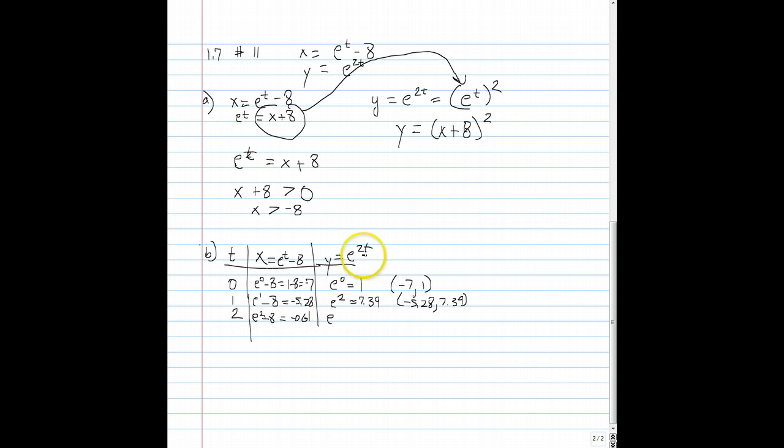And e to the 2 times 2 is 4, so that gives us 54.6 approximately. So we have a point, negative 0.61 and 54.6.